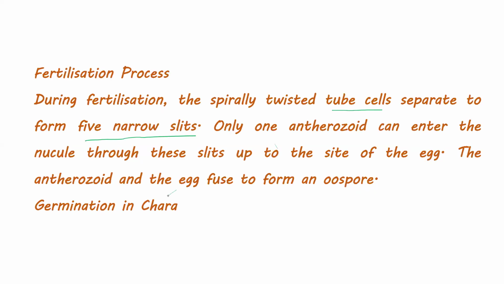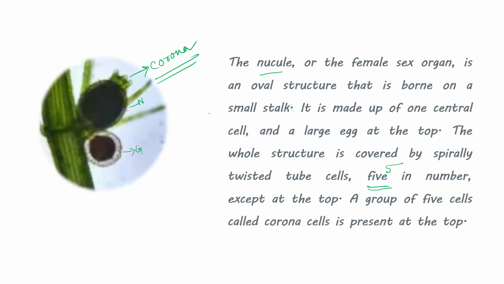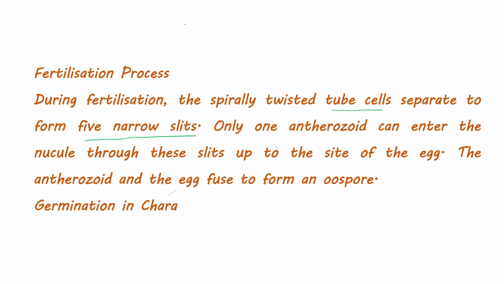Now you can see the nucleus here. Only one antherozoid can enter the nucleus through the slit up to the site of the egg. The antherozoid and the egg fuse to form an oocyte.